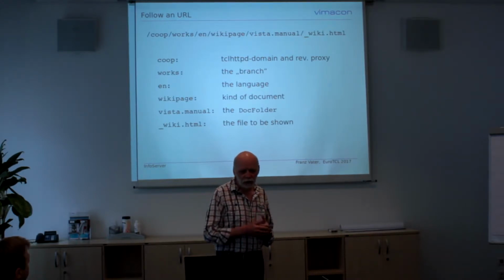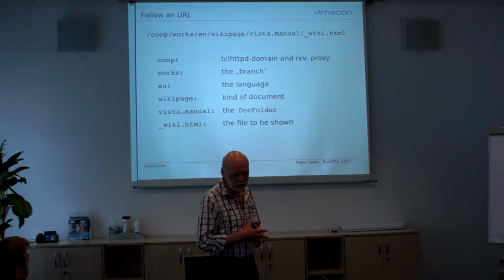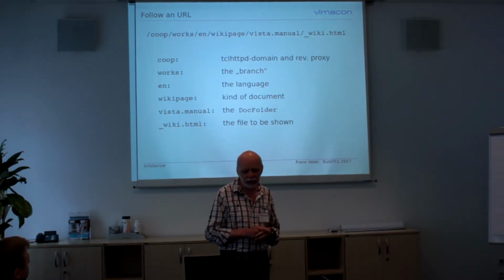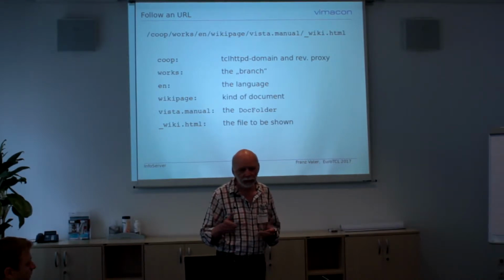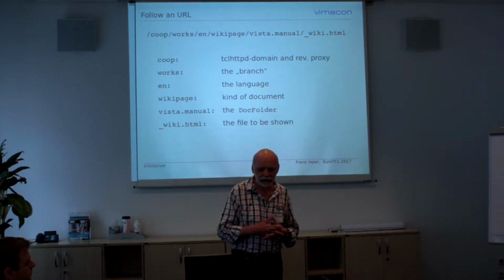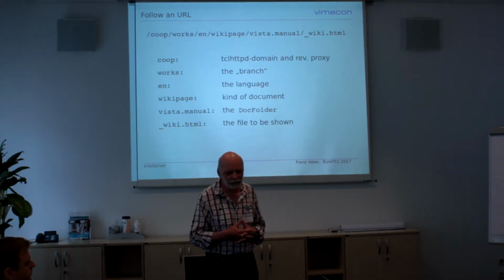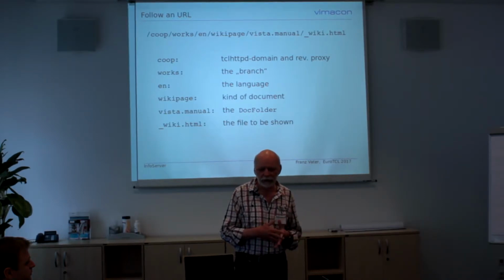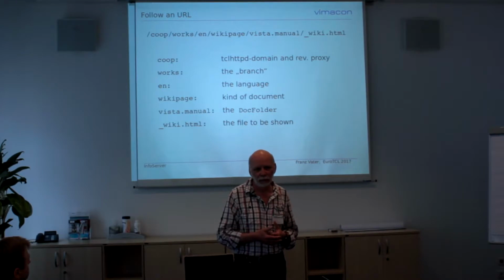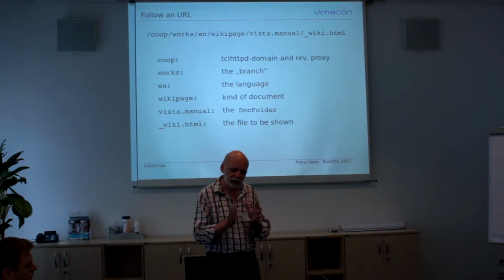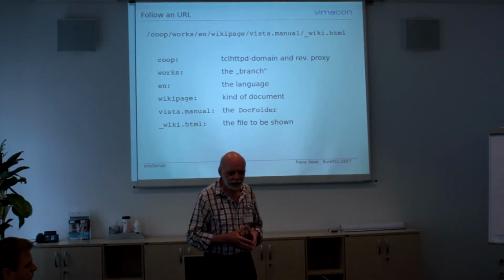Let's follow a call. This is one possible call to one single page. _wiki is just the default name if you didn't take an own name. Let's start in the beginning. Co-op is just the tclhttpd domain handler selection, and in this case also the routing information for the reverse proxy.